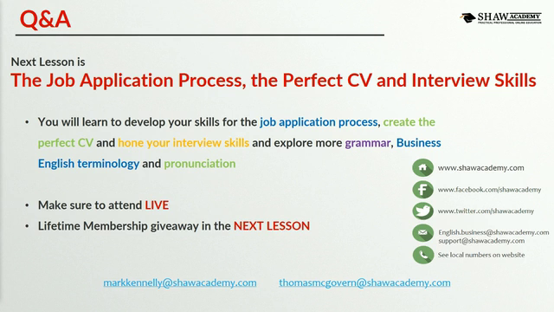Okay, let's see, Mariham says, I am a little bit confused of the difference between nouns and adjectives. Okay, Mariham, well, very simply, a noun is a person, a place, or a thing. Okay? So, by a thing, I mean it could be an idea. So, for example, a person, Mark, that's a noun.